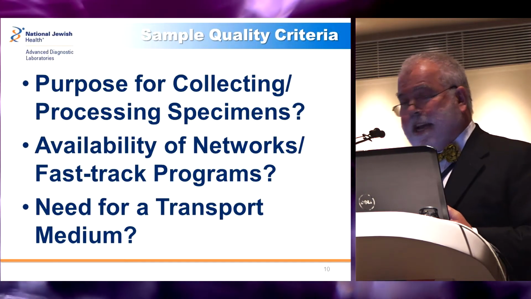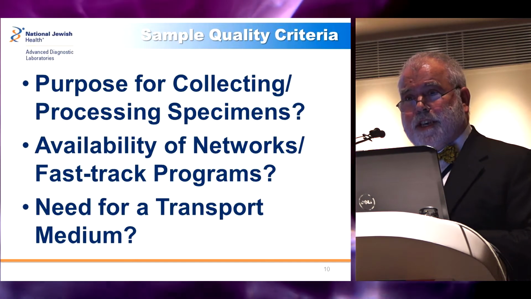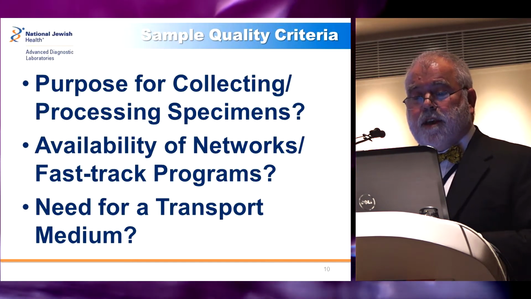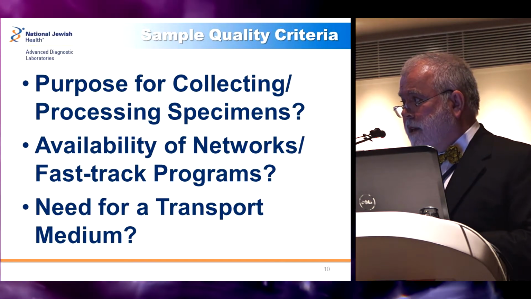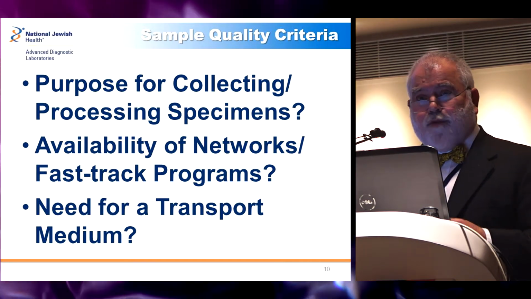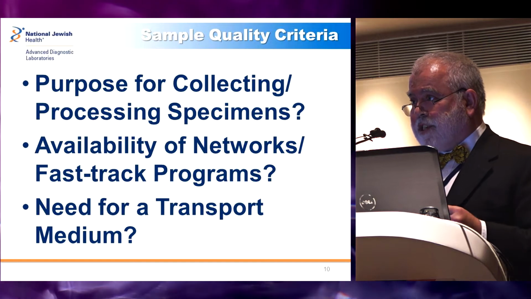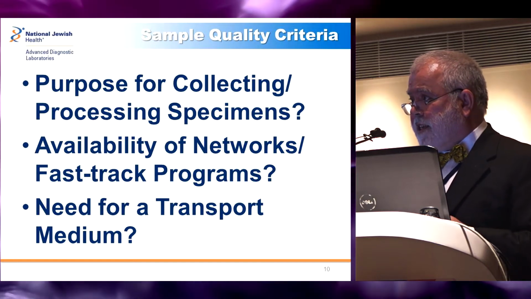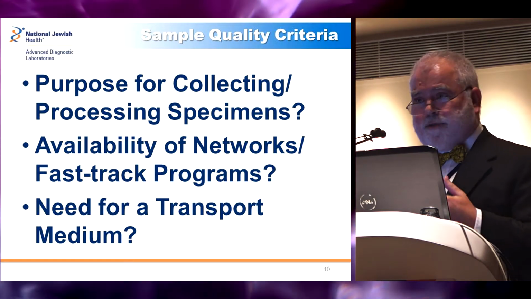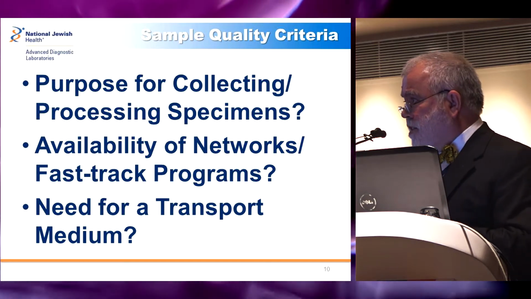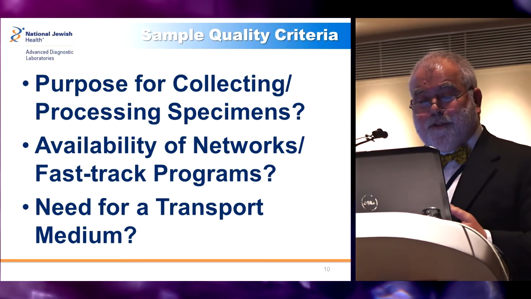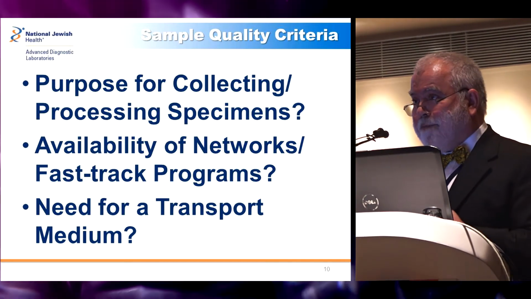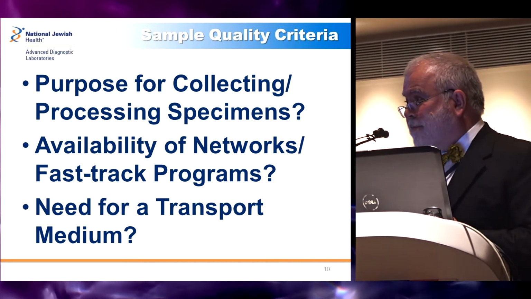Sample quality criteria, I just pose here 3 questions. Purpose for collecting, processing specimen. It really matters for which purpose we actually collect that sputum. Is it for molecular, is it for smear, or is it for culture? Availability of networks, or other people say fast-track programs.